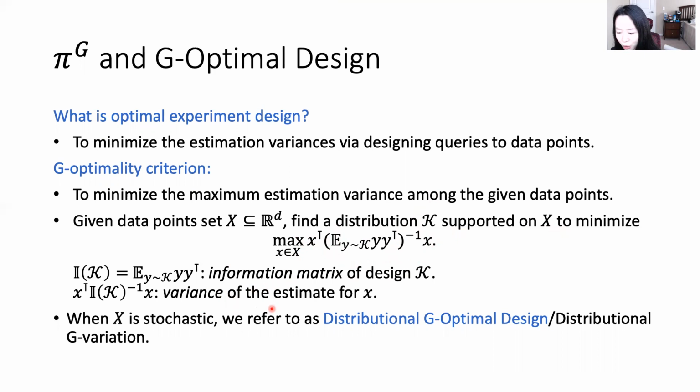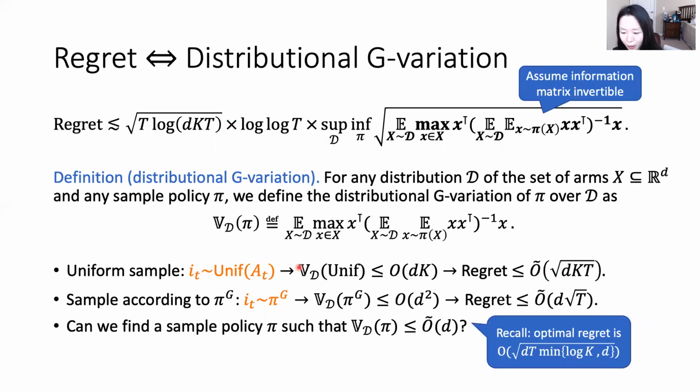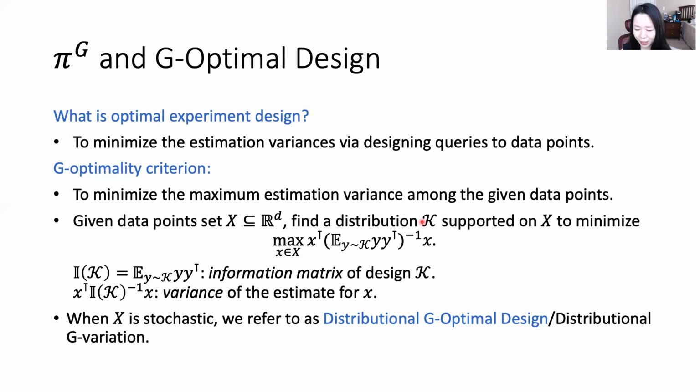So we call our modification of G-optimal design as distributional G-optimal design. For example, here, we slightly change the form of the variance, and that's why we call it distributional G variation. You can see that when D is a singleton, this term is exactly the same as the variance here.